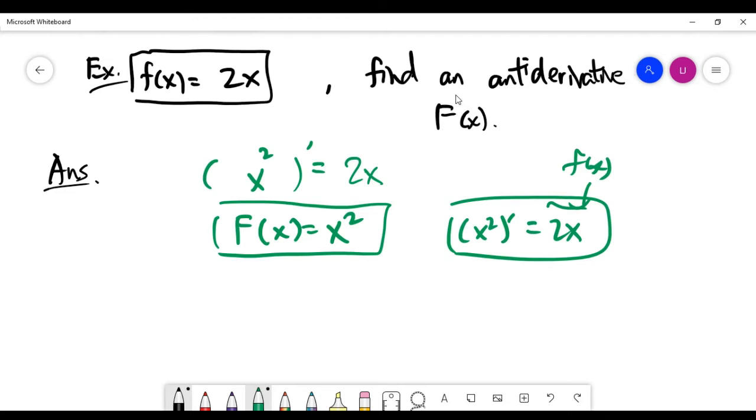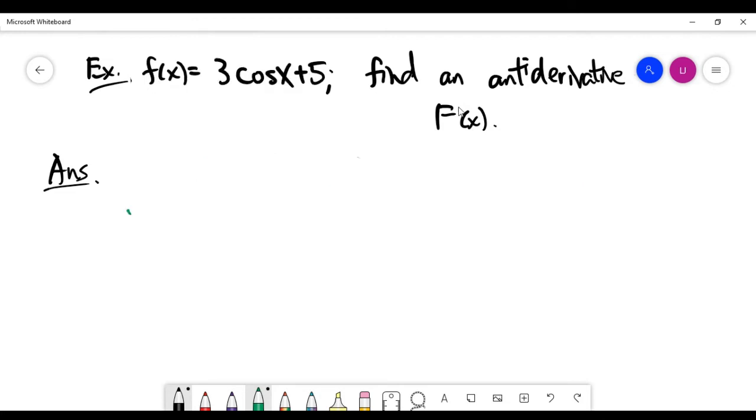Let's look at another example. You're given the function 3 times cosine of x plus 5. You need to make a good guess about the big F, which is the antiderivative of the small f. Once again, we have to make a good guess. To get 5, I think 5x is a good choice because the derivative of 5x is exactly 5.